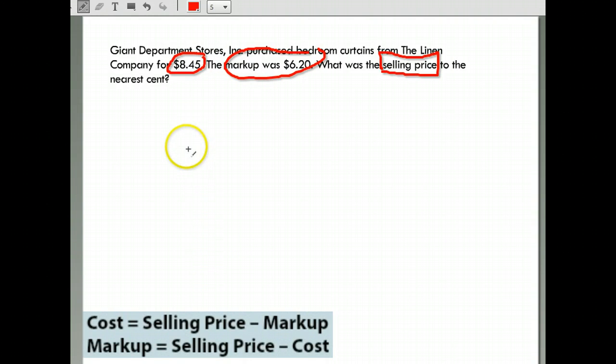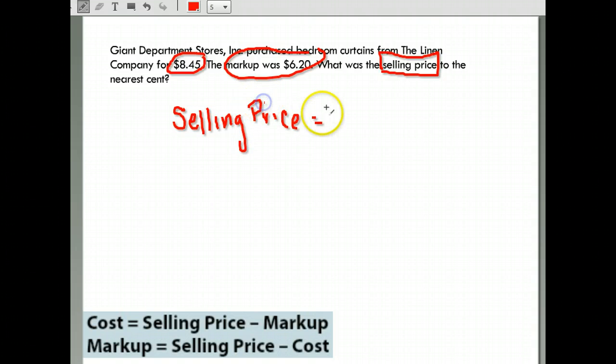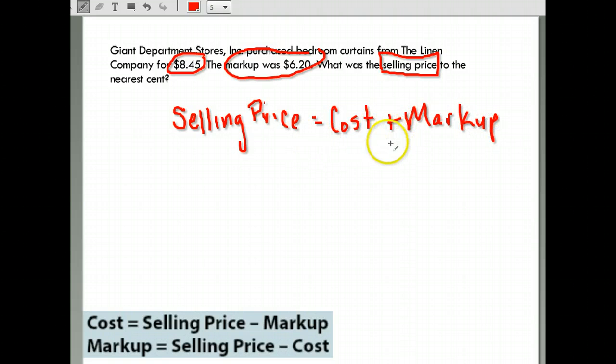Okay, well, the selling price is not one of our formulas we have down there. But the selling price is what we get when we take the cost and we add the markup to it. The selling price is how much they advertise for. That's how much the store sells it to you for. So it's their cost plus any markup they put on there so that they can make money.